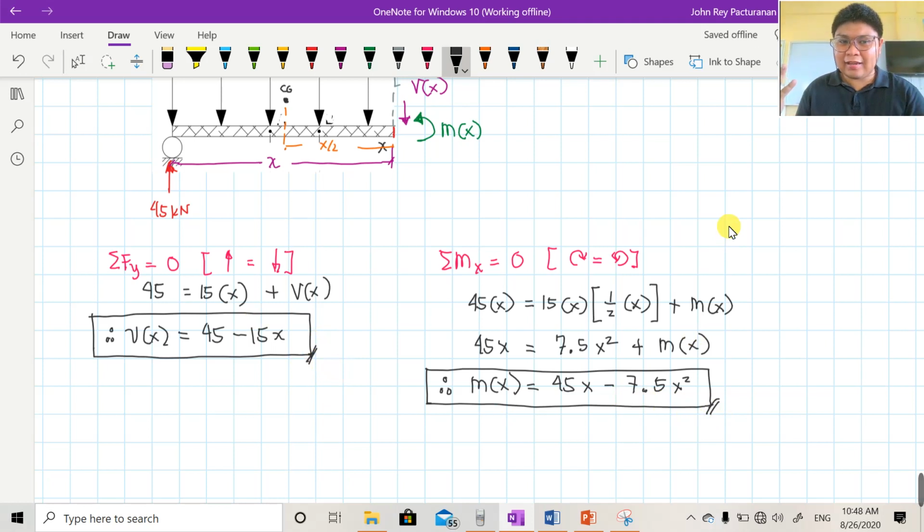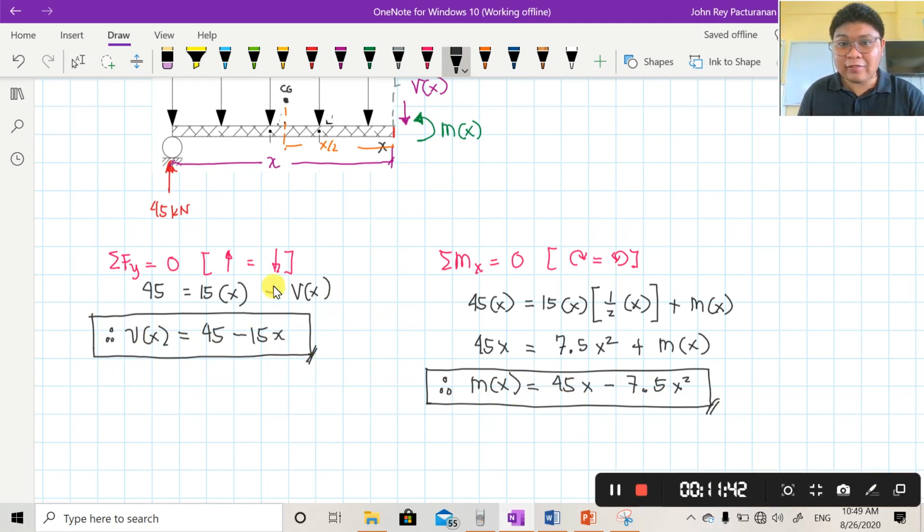So instead of cutting at any point, we can create an equation for the shear and moment at any point of the beam. Okay? So here is our answer. The shear at x is 45 minus 15x and the moment at x is 45x minus 7.5 x squared. So we now have the shear and moment function.